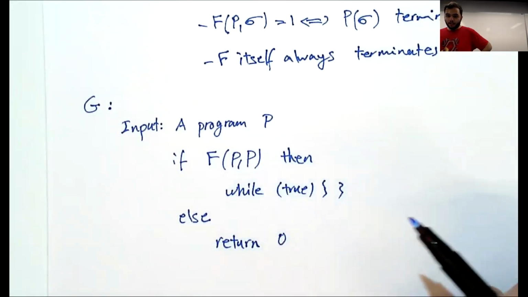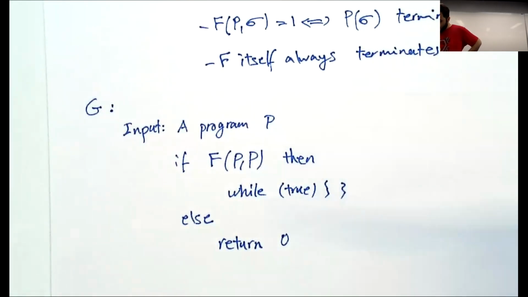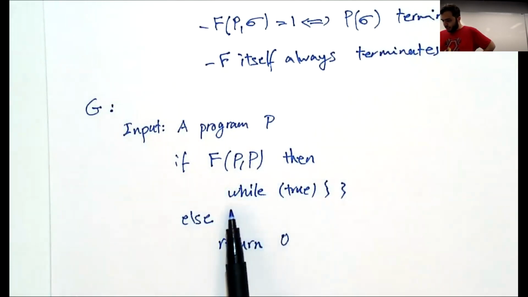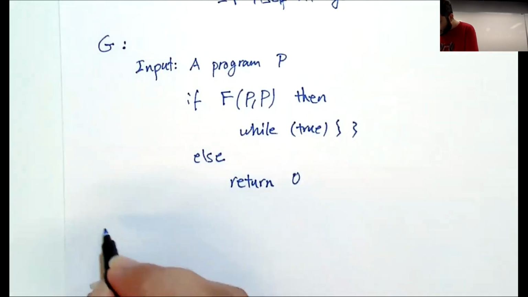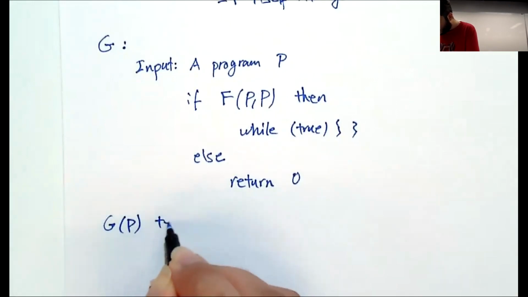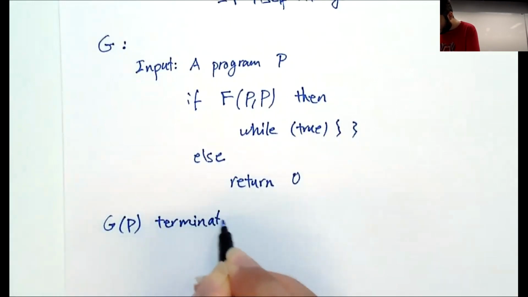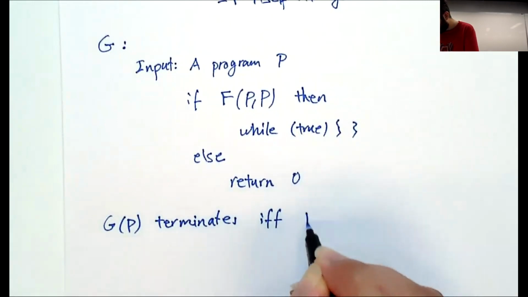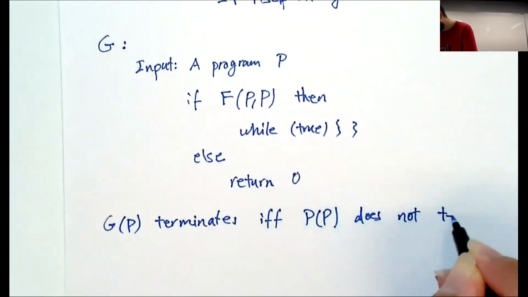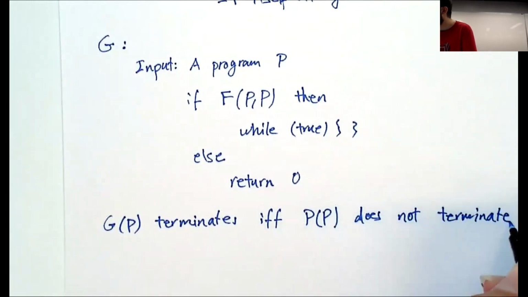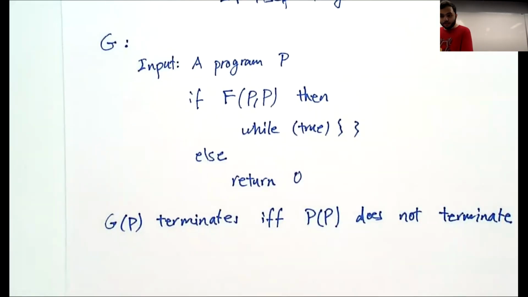Now how is G constructed? If this thing holds, then it goes into an infinite loop, and if it doesn't hold, it terminates. So in other words, G of P terminates if and only if P of P does not terminate.